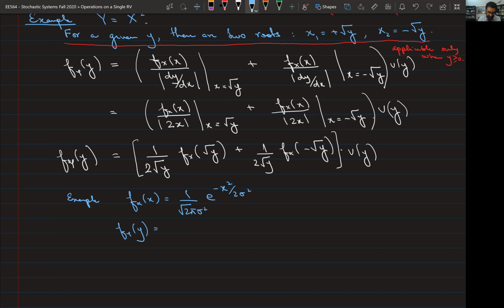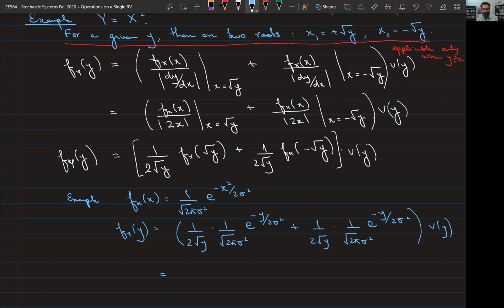And the answer that we're going to get is that fy of y is going to be 1 upon 2 times root y times 1 upon root 2 pi sigma squared, and this is going to be e raised to power minus y divided by 2 sigma squared, plus 1 upon 2 root y times 1 upon root 2 pi sigma squared and e raised to power the same thing, minus y upon 2 sigma squared, times u of y, right?